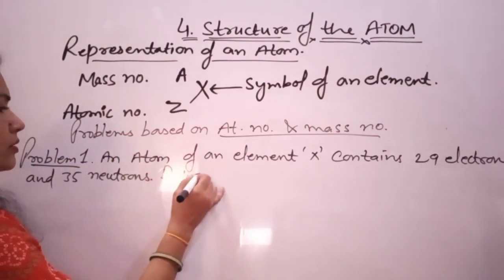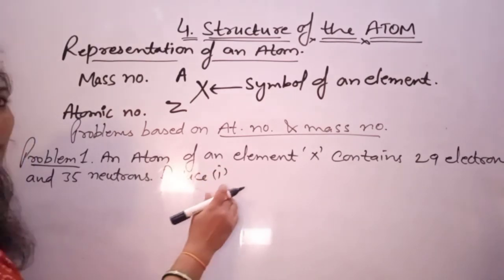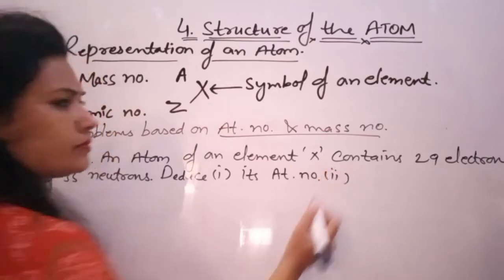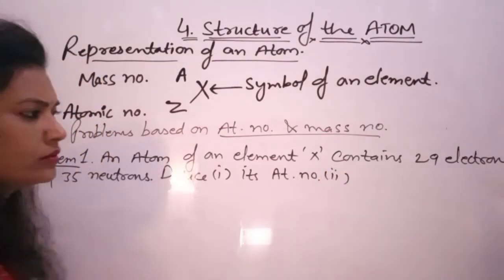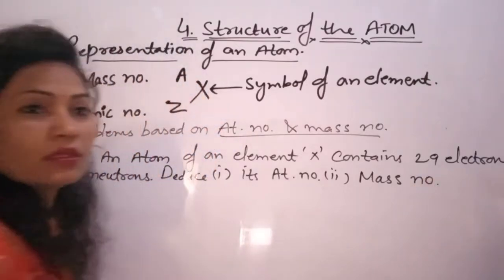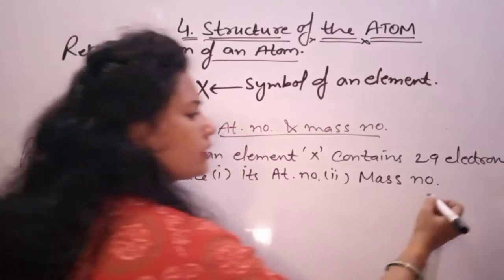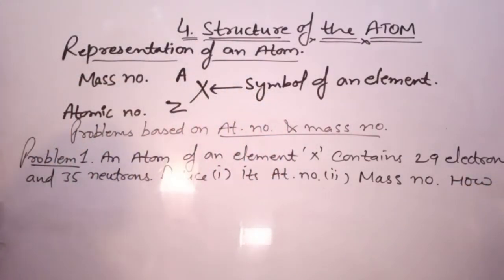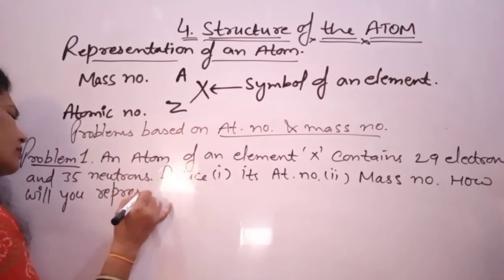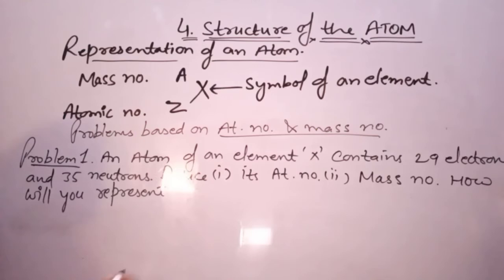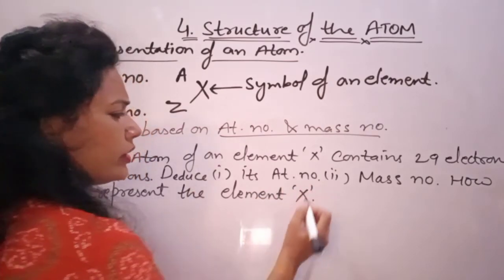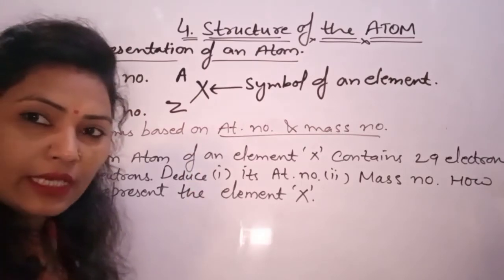Deduce first its atomic number, second its mass number, and third, how will you represent the element X. So you can write that also, how you can represent the element X.